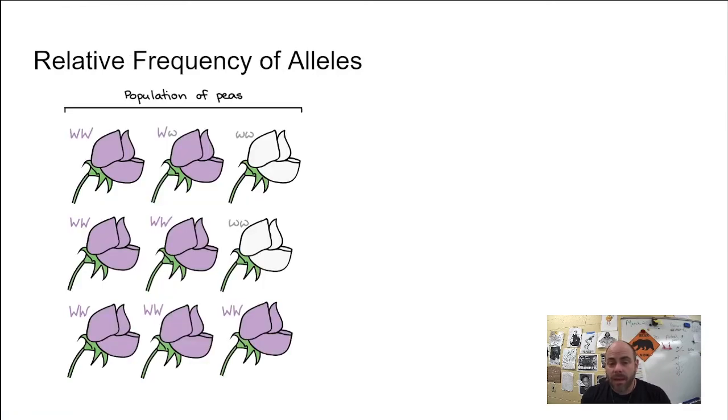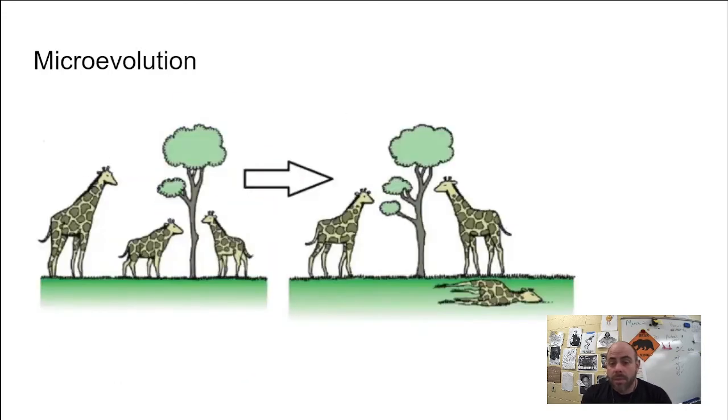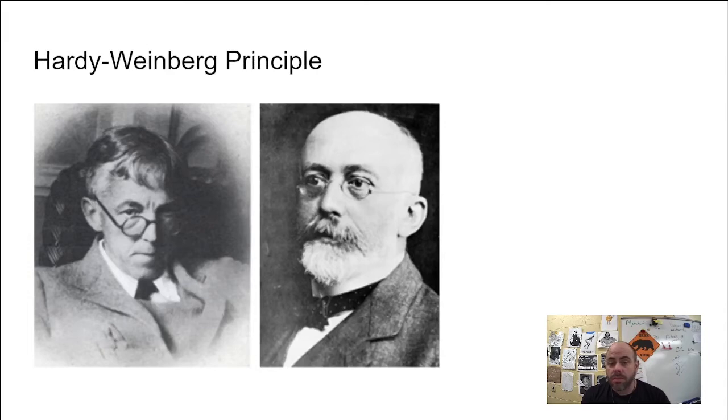That'd be like coming back in a million generations, and it'd still be these 13 over 18 and 5 over 18, right? Is that likely to happen? No, because giraffes with short necks die, right? Giraffes with long necks live. We're going to see a change in the allele frequency. And so there are certain conditions that must be present in order for this to occur.